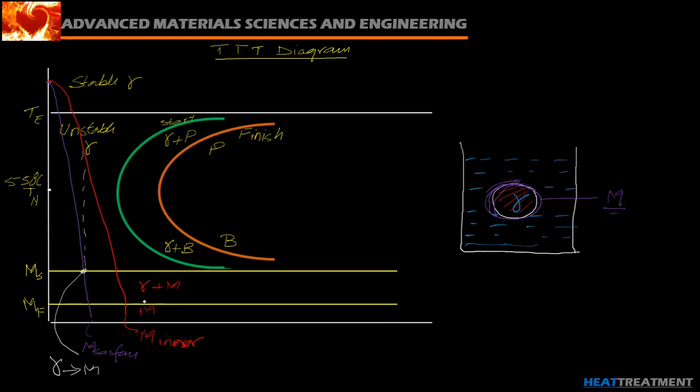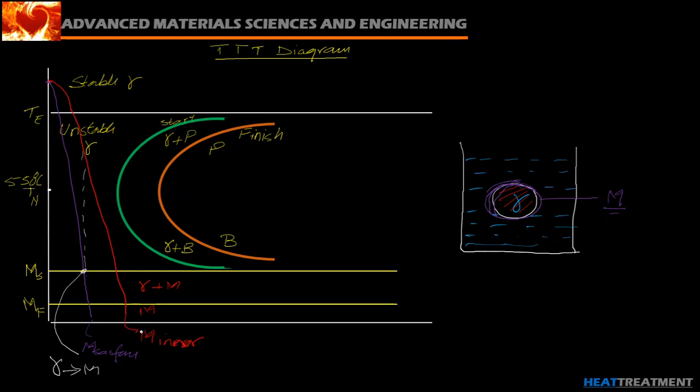So here the red curve shows the cooling of the inside, and the purple curve showing the surface transformation is happening at a much faster rate as compared to the inside.